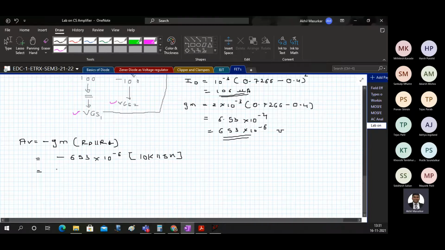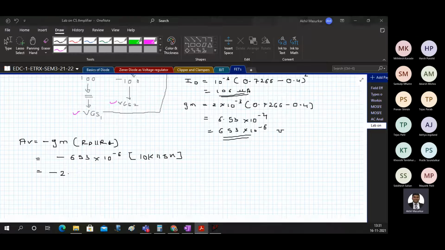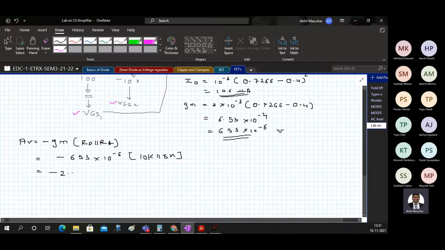Yes, so it is minus how much? Post the answer in the chat box so everybody comes to know about it. It is minus 2 point how much? So 176.